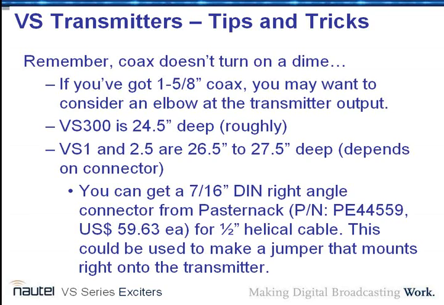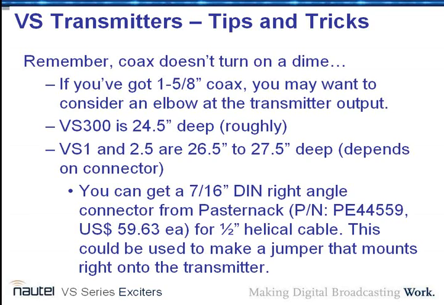Okay. Here's something, like Alex had mentioned about coax not liking to bend after it's been the same way for 30 years. Coax also just in general doesn't like to bend at all. So a lot of times when you've got a long transmitter like the VS series, it's easier, rather than running a piece of coax out and making a 2-foot bend radius with 1 5/8 coax, to put an elbow on it.